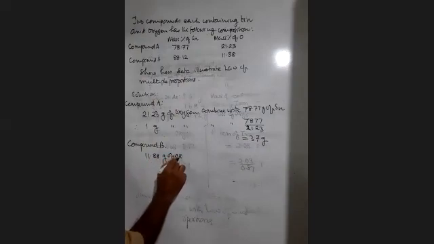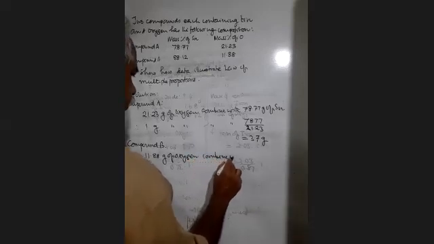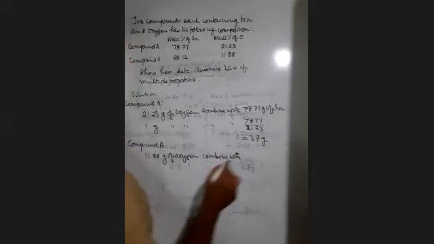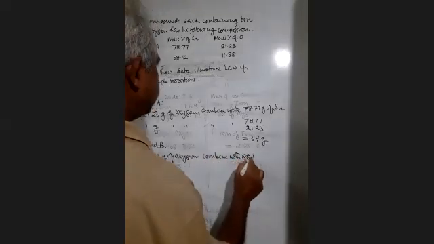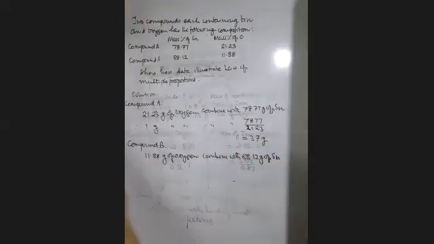Okay. Then compound B. We write now here 11.88 gram of oxygen combined with 88.12 gram of tin.